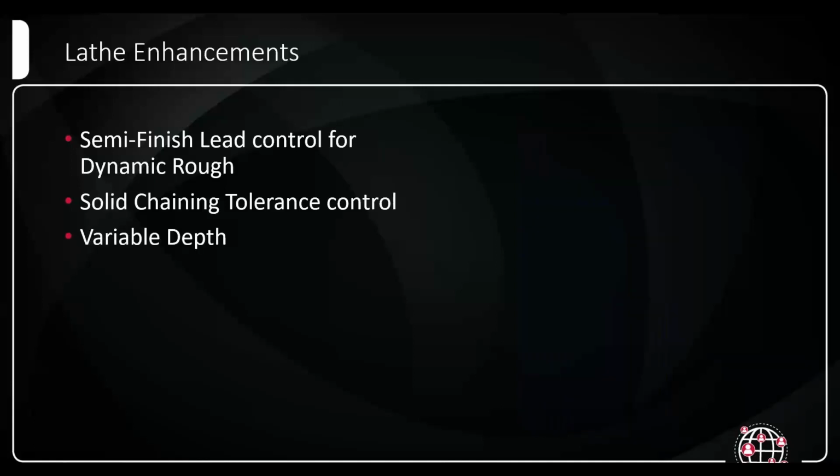Next is variable depth. For those of you who have not used variable depth before, it's in the rough turning toolpath, not the dynamic rough. Variable depth was a method in which we could prevent notching with very hard materials.